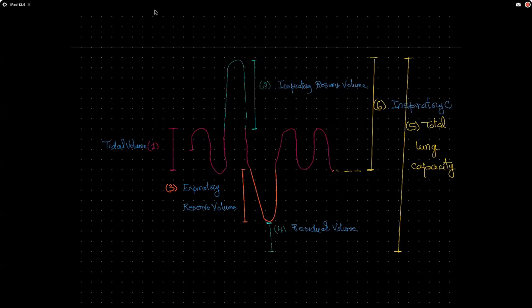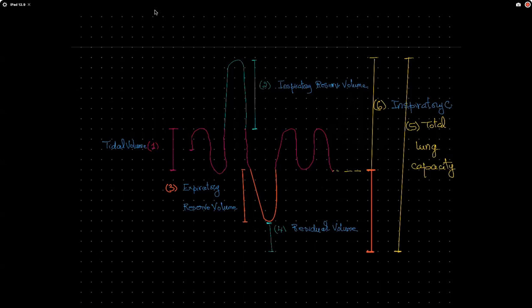Inspiratory capacity. And what do you think we call this amount of air that most of the time doesn't get exhaled, which includes the expiratory reserve volume as well as the residual volume?